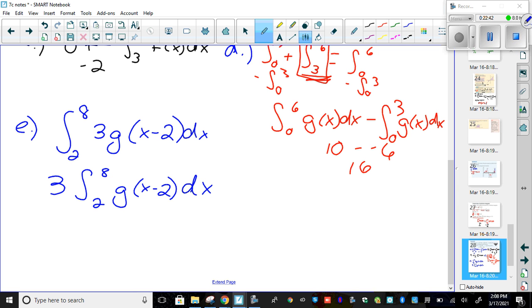So this here is a horizontal shift. It usually says g of x minus 2. So this is a shift of 2 units to the right. So let's get rid of that shift and shift it back 2 units to the left.